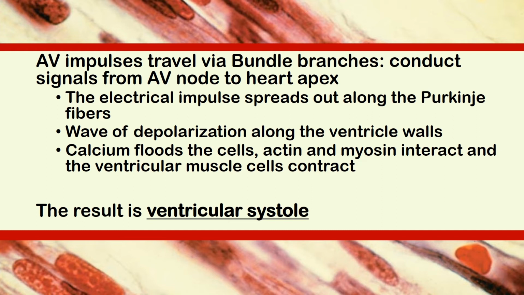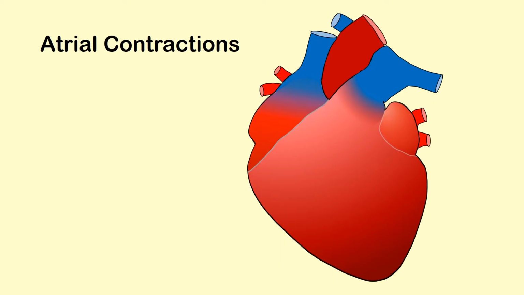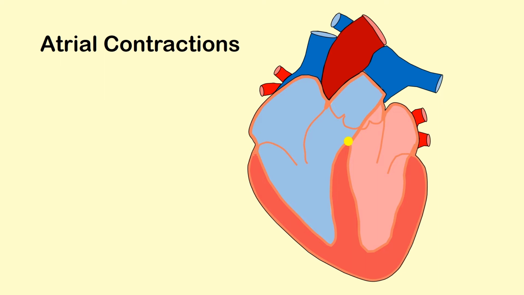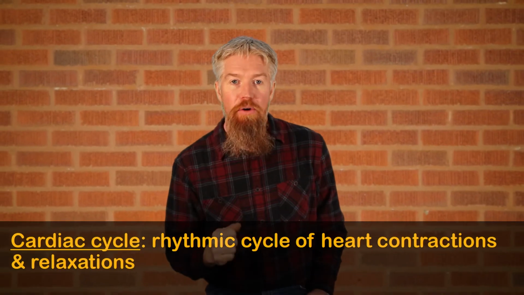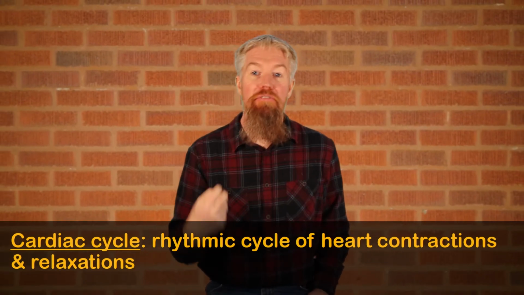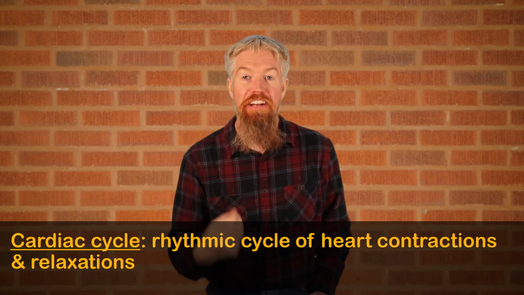That wave of depolarization allows for the flood of calcium into the cells. The actin and myosin again interact, now in the ventricular cells, causing them to contract. This results in ventricular systole.